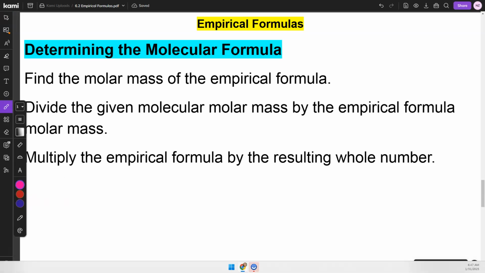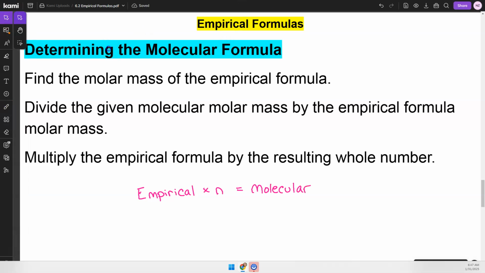So let me just remind you that the empirical times some number n is equal to the molecular formula. So if I wanted to solve for that n, I would divide both sides by the empirical.